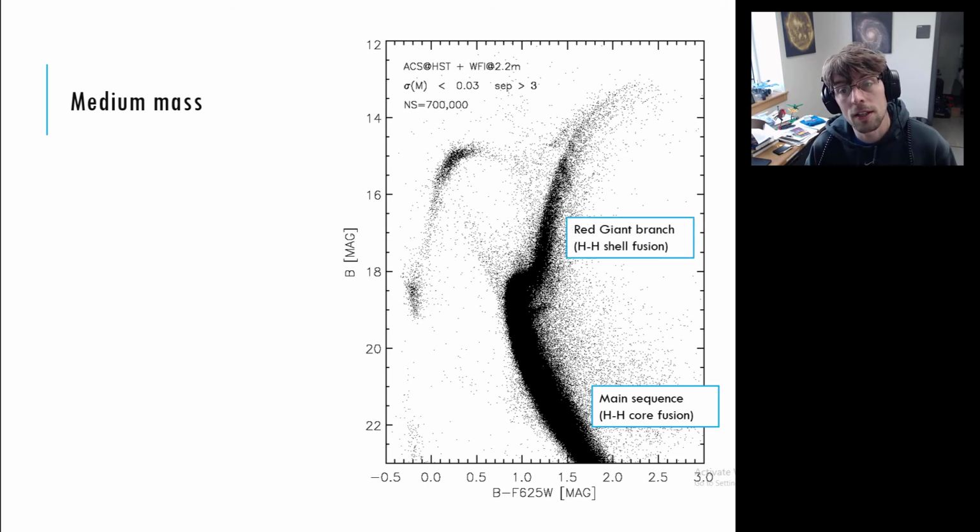Sometimes we refer to this as the red giant branch, because the physical size of the star has increased dramatically. Next, you notice that right up here, there seems to be a spot where no stars progress beyond. That's because once the stars reach these locations, this is where the helium flash occurs.